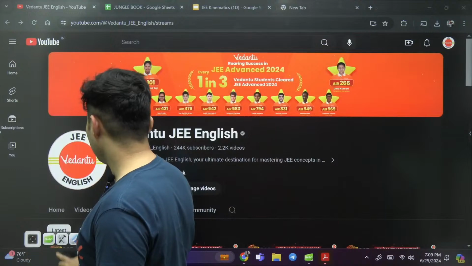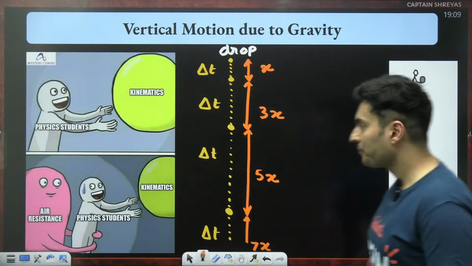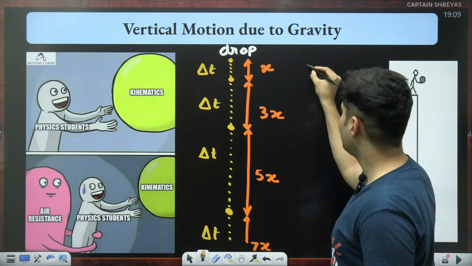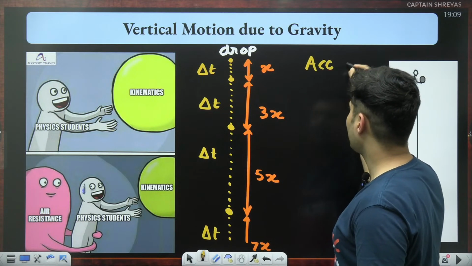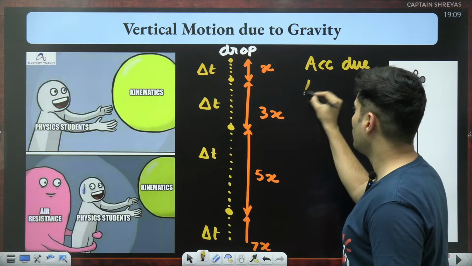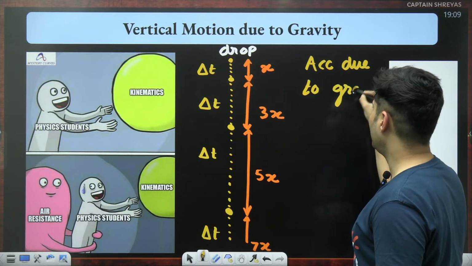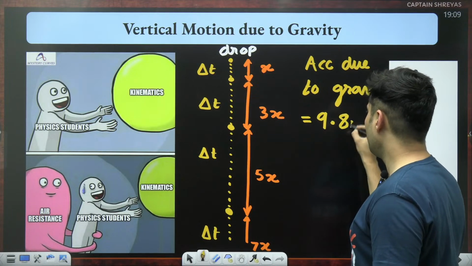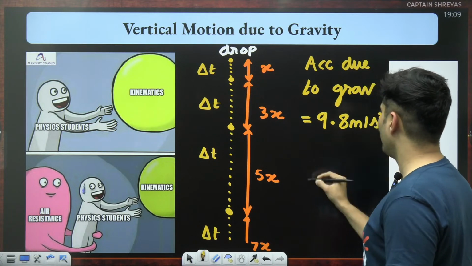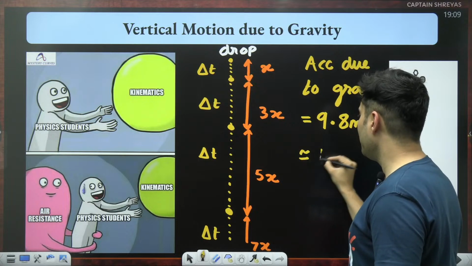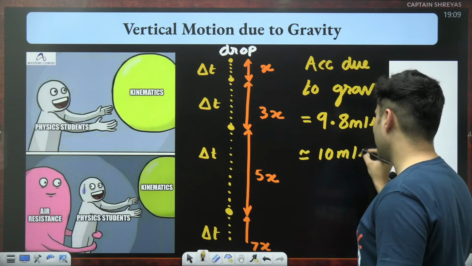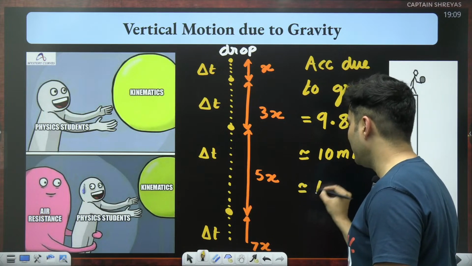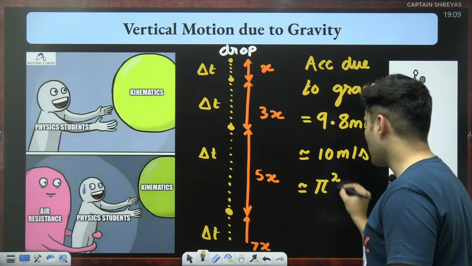Right. So having said that, what is the acceleration due to gravity? The answer is it is 9.8 meters per second square, which we approximately use as 10 meters per second square for most of the problems, which is also approximately what you get if you take the number pi and square it.